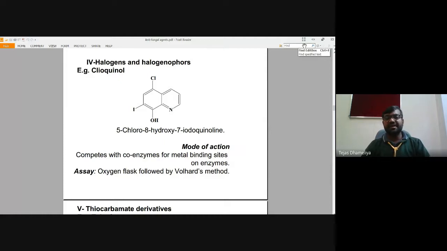This is 5-chloro-8-hydroxy-7-iodoquinoline, which competes with coenzymes for metal binding sites. It can be estimated through the oxygen flask method, followed by Hart's method, because as you know, for halogen estimation Hart's method is an essential method which you might have learned in your inorganic chemistry practical during your first year.